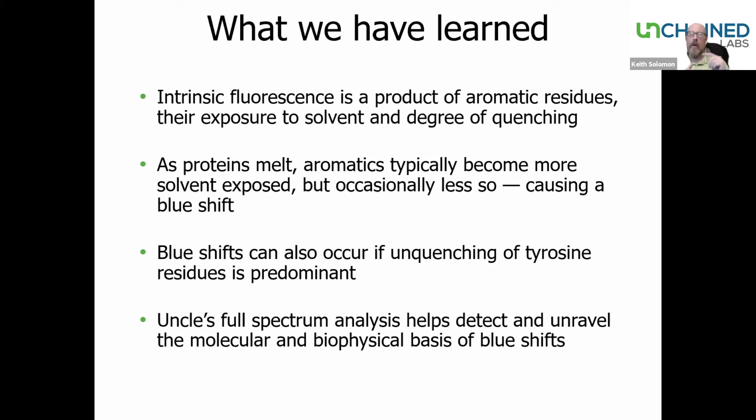Blue shifts can also occur if unquenching of tyrosine residues is predominant. And probably most importantly for today's webinar is that Uncle's full spectrum analysis helps detect and unravel the molecular and biophysical basis of blue shifts.